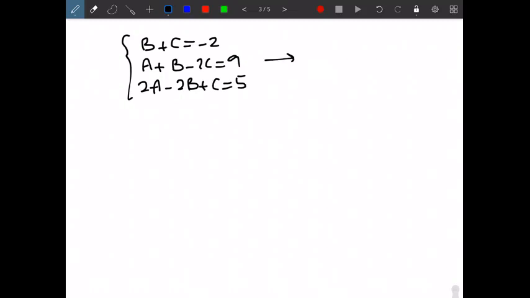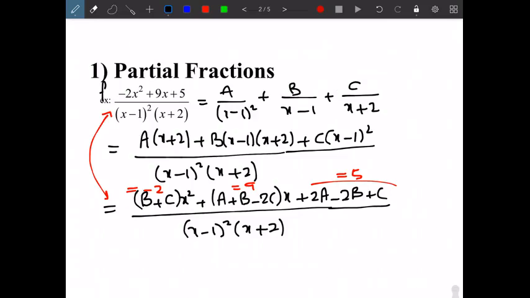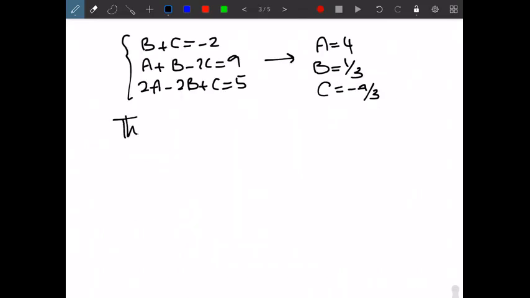So using your calculator, you determine a equals 4, b equals 1/3, and c equals negative 7 over 3. Then if I were to call this f of x, then f of x is 4 over (x minus 1) all squared plus, now over here b is a fraction.